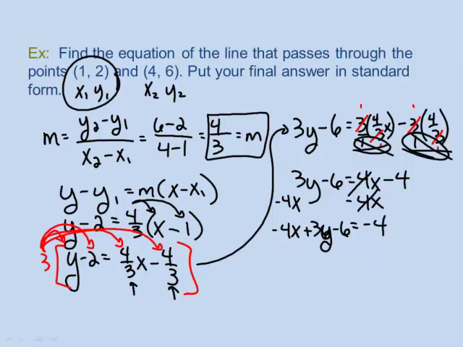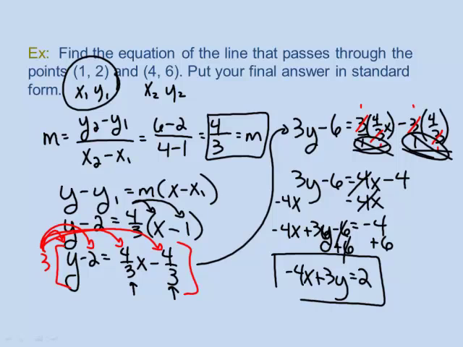Then I'm going to move my 6, so add 6 to both sides. And we've got negative 4x plus 3y is equal to 6 minus 4 is 2. And there is our equation in standard form as we were asked.